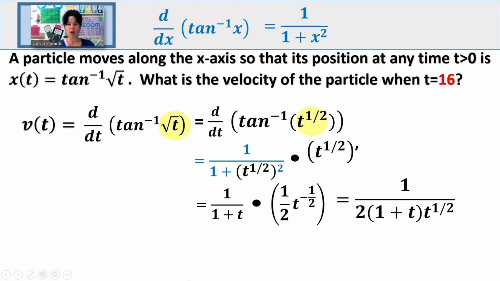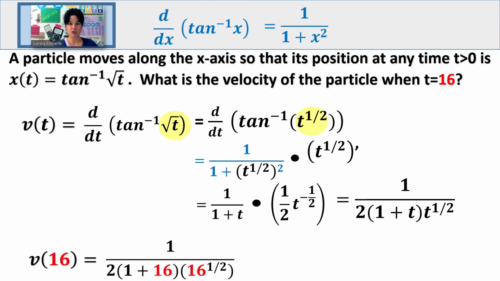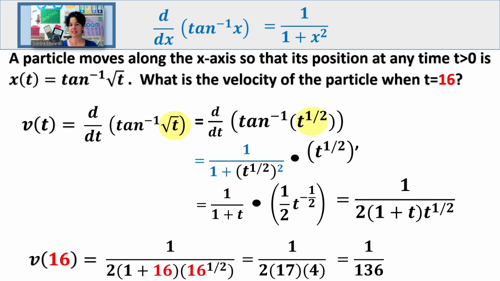Simplifying a bit more, this is really times 1/2 times 1 over t to the 1/2, multiplying numerators times numerators, denominators times denominators. We have our derivative. Now we just need to substitute in 16, and we end up getting 1 over 136. Now they didn't give us whether this was feet or inches or miles or seconds, but this is a velocity, so it'd be a distance per time. But 1 over 136.